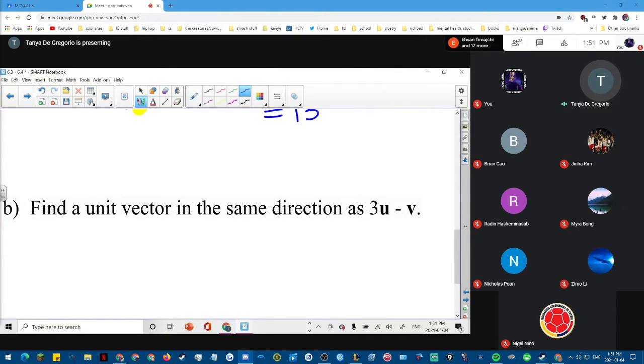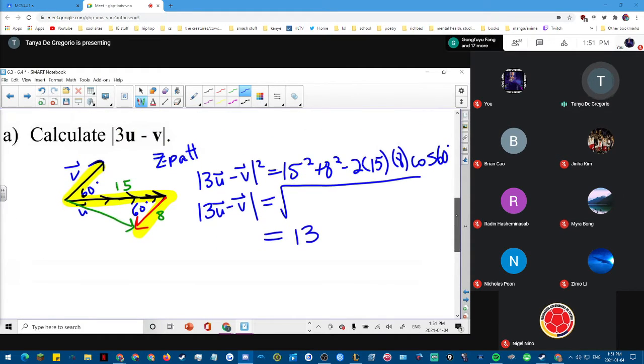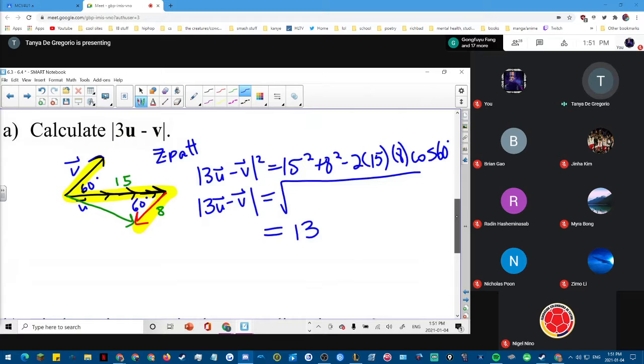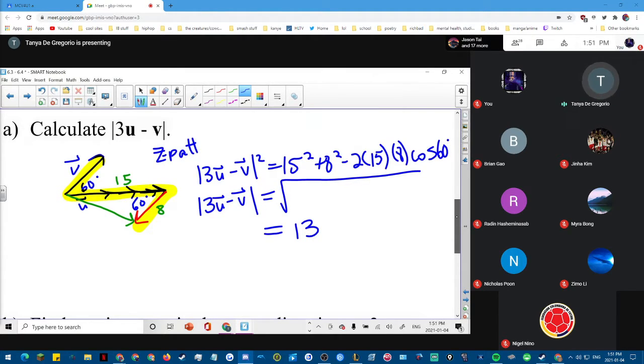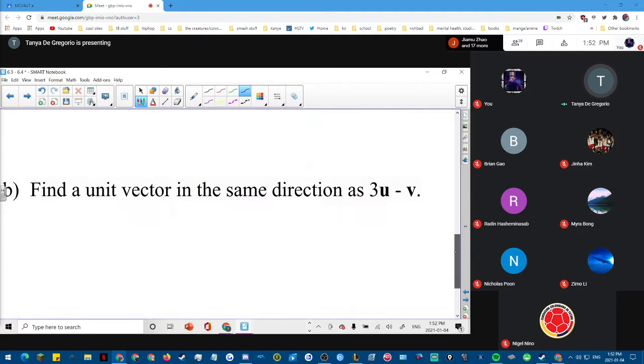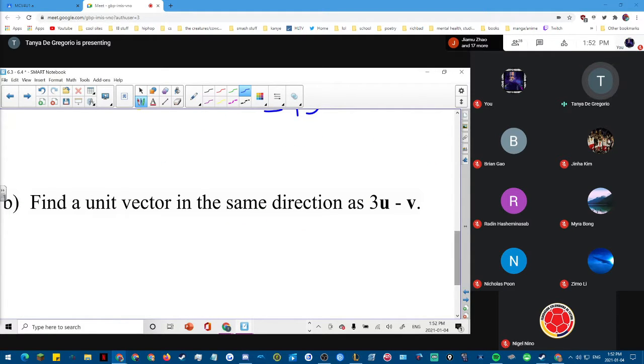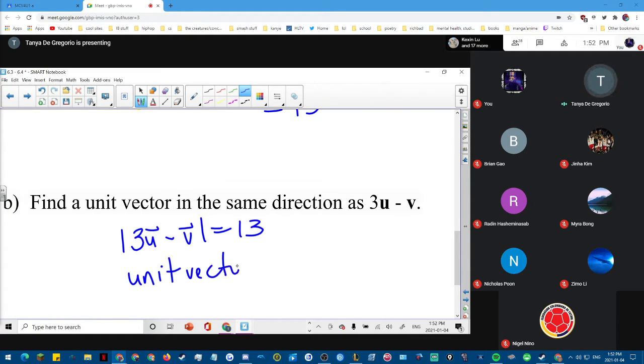Okay, so find a unit vector now in the same direction as the vector that we just found. Well, we just found out that the magnitude of this vector is 13. So if I want it to have a length of 1, I just have to divide by 13. So I take this vector, which has a magnitude of 13, and to find the unit vector, I'm just going to divide by 13.